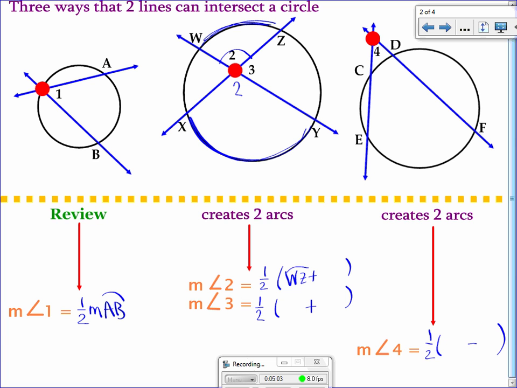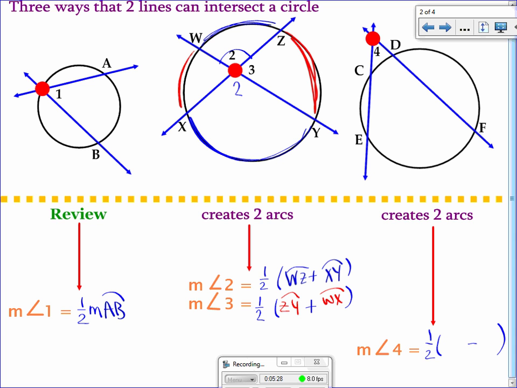Okay, whatever those measures are. There's going to be numbers on them. Okay. To find angle 3, we're going to use the other ones. Angle 3 is open to this arc, and essentially that one as well. So we're going to take ZY plus WX. Okay.